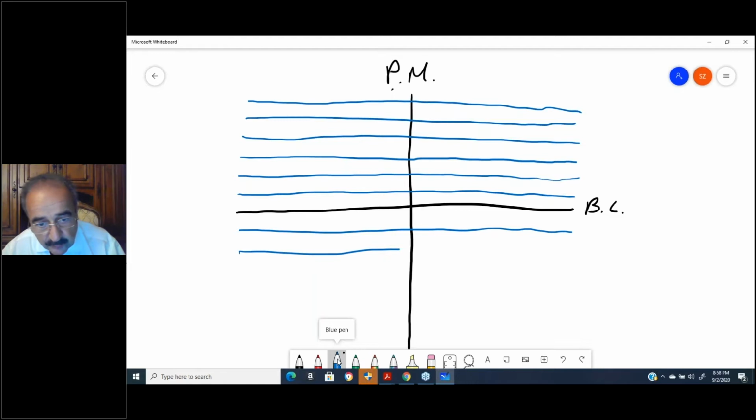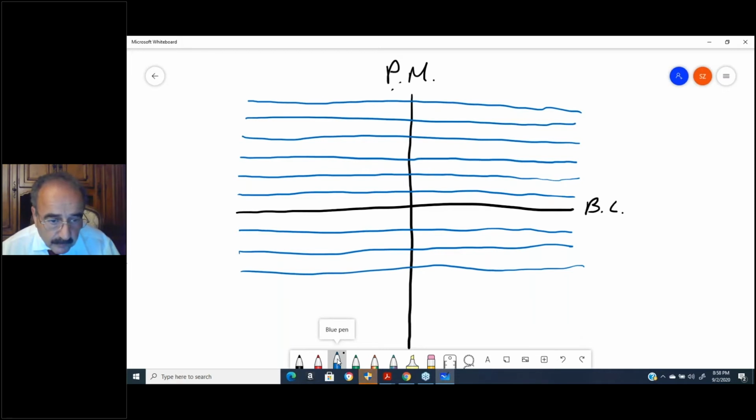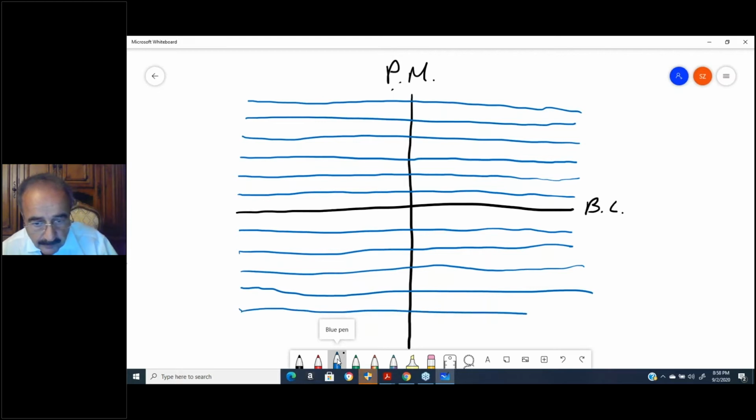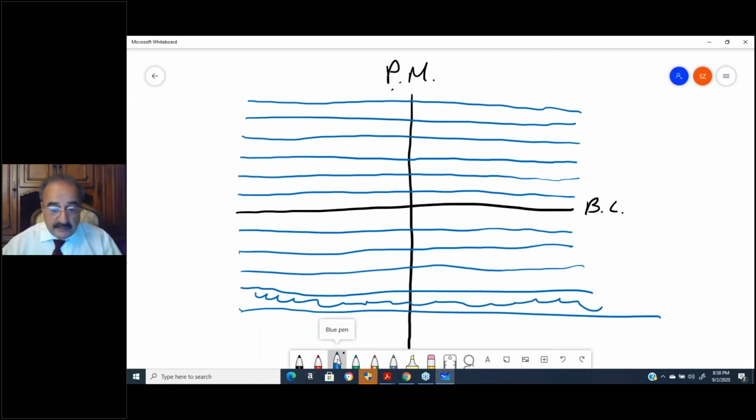These are all 6 miles wide. So the 6 mile strip of land going east and west is called a tier, 6 miles wide.